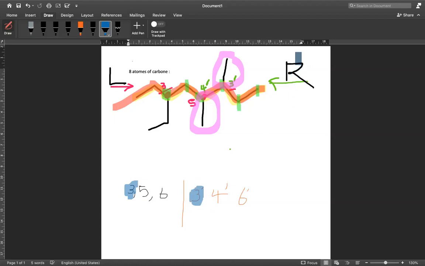So this one here, position number 3, we have a substituent there. At position number 4, we have another substituent, and at position number 6, we have another substituent. Now, what is going to help us is looking at which one has the lowest indices. We have 3 and 3 there. So we can cancel out the 3.